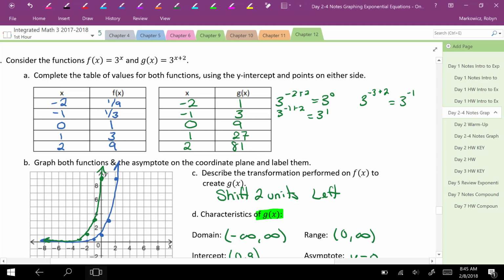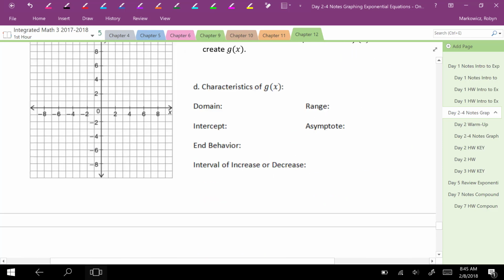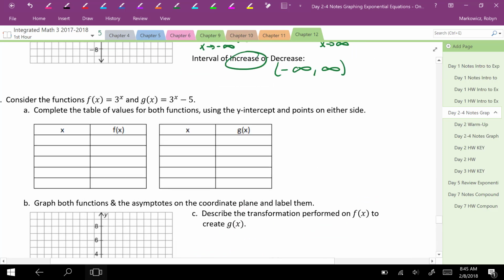And we have to think opposite of that sign. It says +2, but we really went -2. Okay? So our next one is outside the exponent. It's 3 to the x, -5. What, Ashley? You're saying down? Do you guys agree with her?